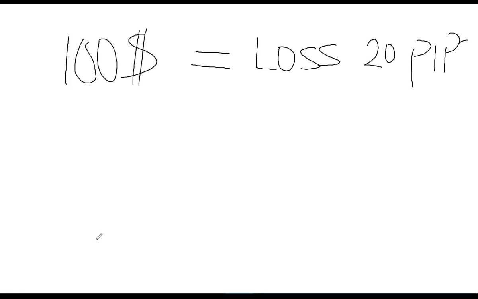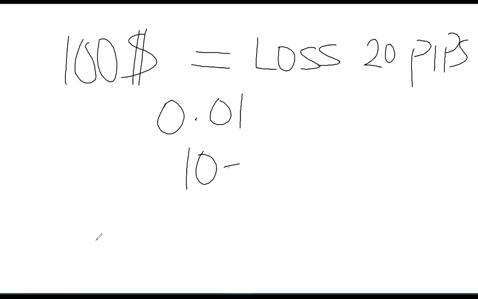But your lot size is what? 0.01. Now, remember each pip here is how many cents? 10 cents. Are you getting me? So if you keep losing 10 cents, you lost 20 pips.